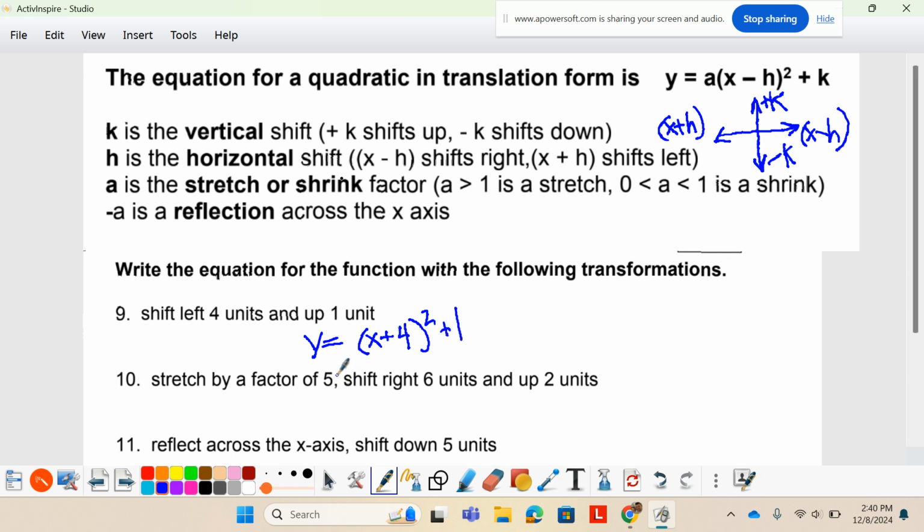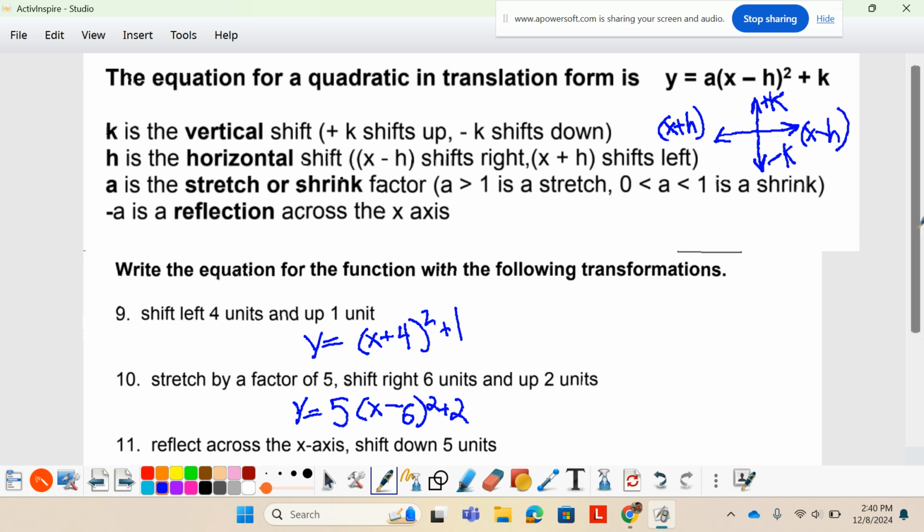And we're using the same form each time. So stretching by a factor of 5 would be y equals 5 times x, and to the right 6, going to be minus 6, squared, and up 2 units, so plus 2.